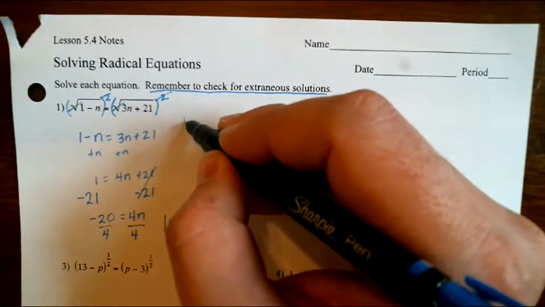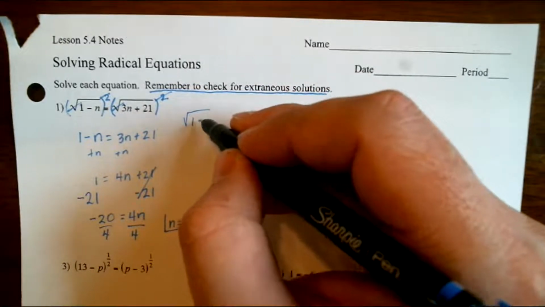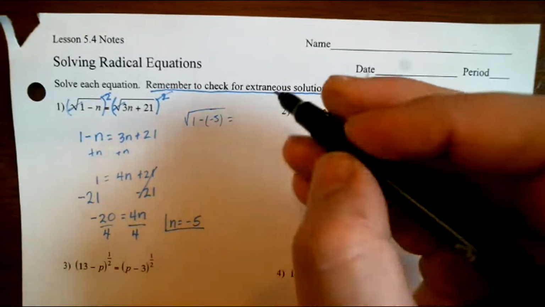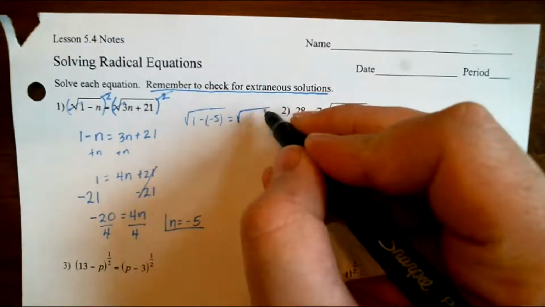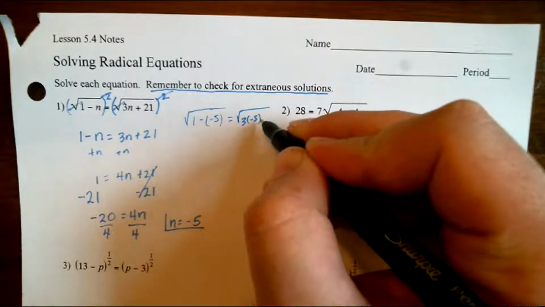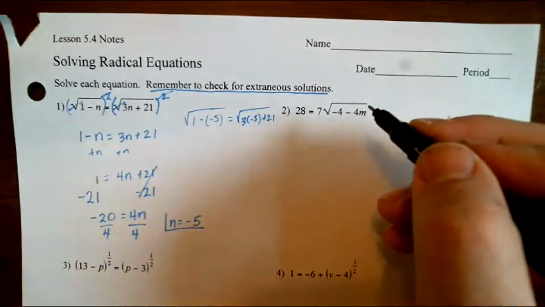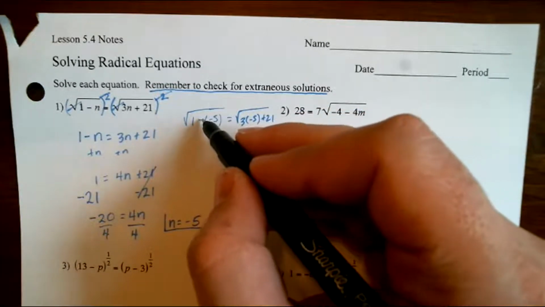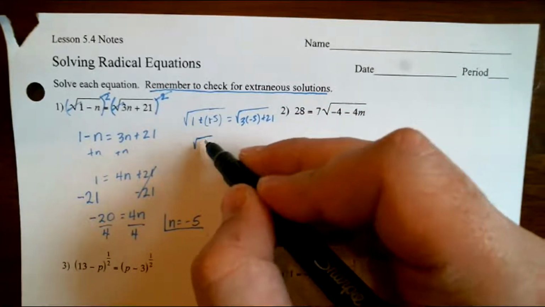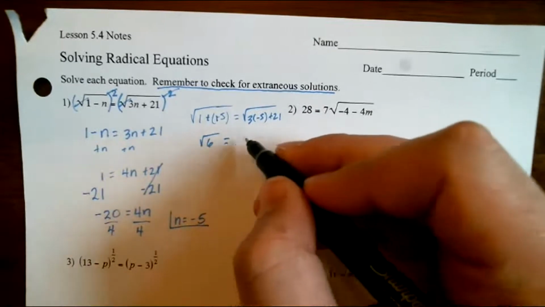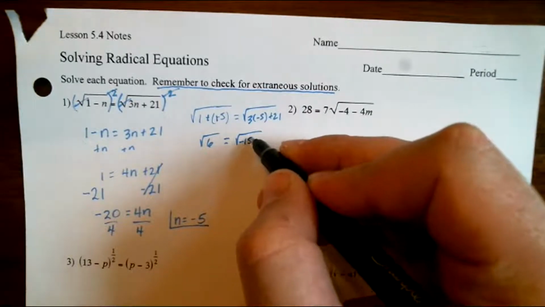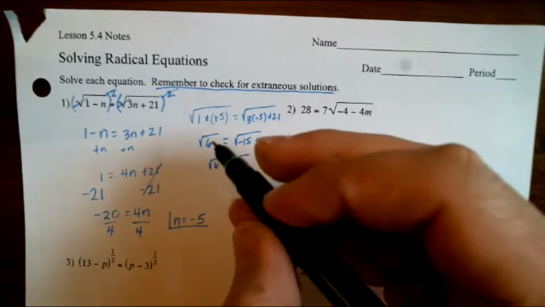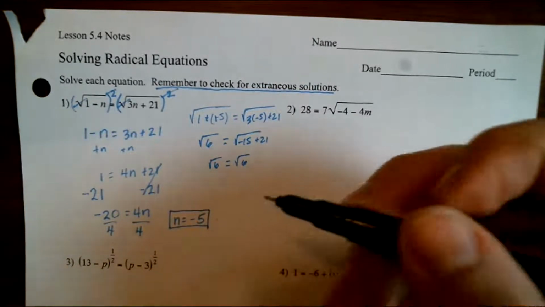So plug that back in. Radical 1 minus negative 5 is equal to radical 3 times negative 5 plus 21. The minus goes to a plus, and that's radical 6 is equal to radical negative 15 plus 21, which would be radical 6 equals radical 6. So therefore, we know that that works.